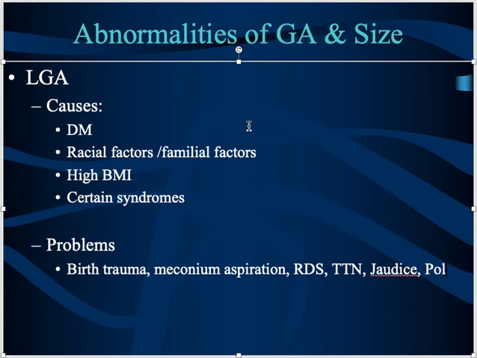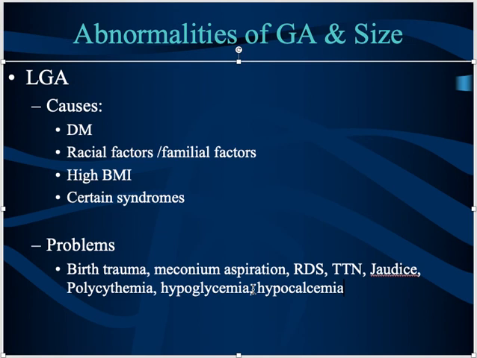They will be having polycythemia. What is polycythemia? Increased RBC numbers in their body. And again they can go into hypoglycemia. This thing is connected with this. Babies of diabetic mothers are at risk of developing hypoglycemia as well as hypocalcemia.